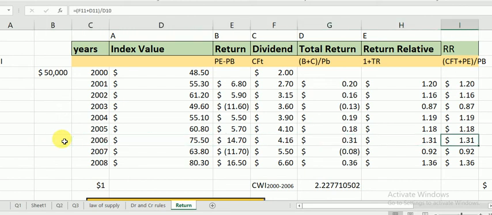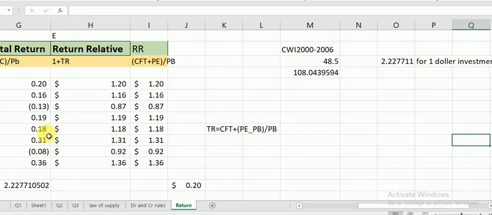Now I will calculate it simply. Look, for the 50,000 multiplied by this value, that is equal to $111,385.53. That will be the total cumulative wealth index of 50,000 after 6 years.